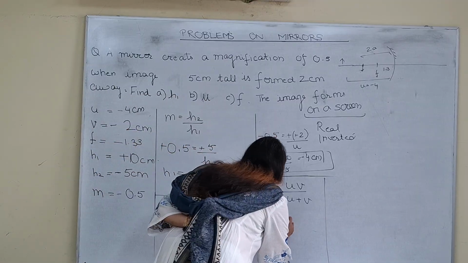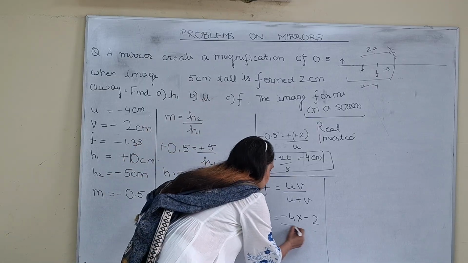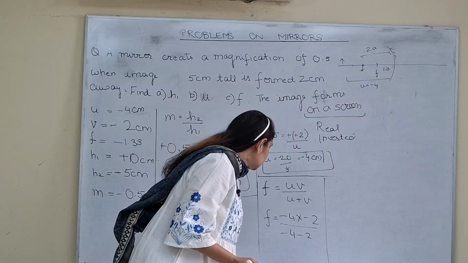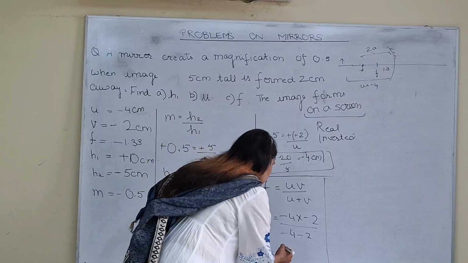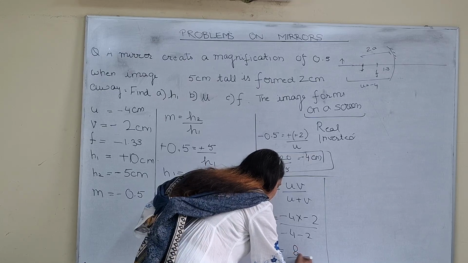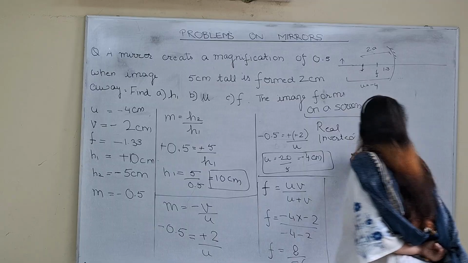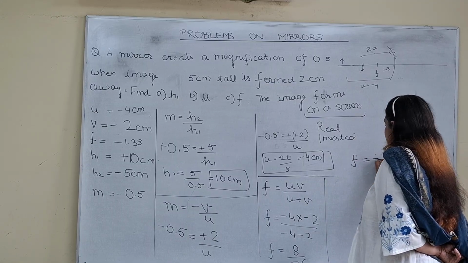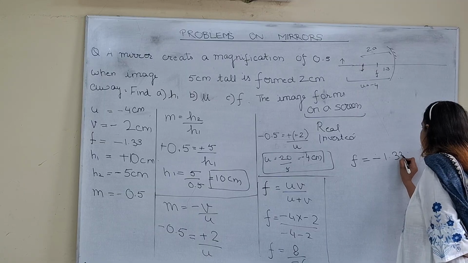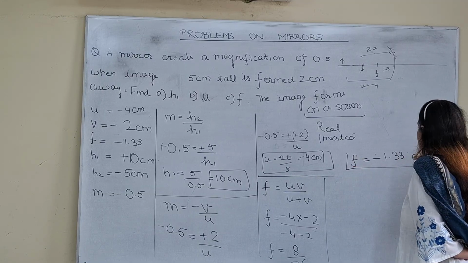Okay, so -4 into -2 is 8, upon -4 -2, which is -6. I'm trying to save the space. That is F is equal to -8/6, 4/3, 1.33. So the focus is coming out negative, which means the mirror is fine.